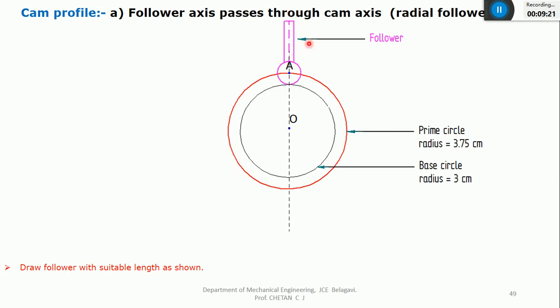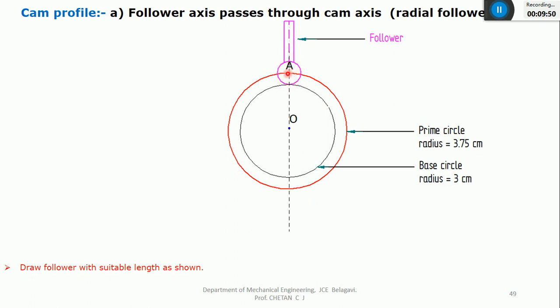So far I have indicated this base circle with a radius of 3 centimeter. After that, I have indicated this prime circle with a radius of 3.75, and I have located the axis of this base circle as well as prime circle, and this axis will intersect the prime circle at point A. And after that, at point A, I have drawn this roller because I need to indicate this follower.